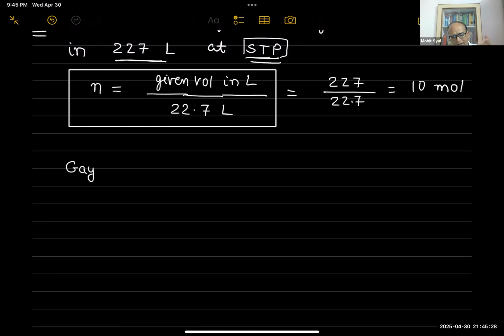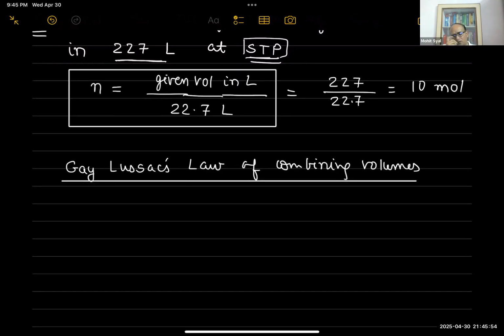This is also similar in line with the gases. So Gay-Lussac's law of combining volume is actually related to gases, as the name indicates.